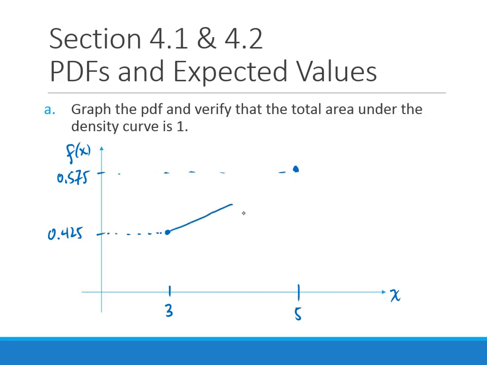The density curve is a straight line in between, and it's 0 otherwise. I'm just graphing this one chunk of the linear function between x equals 3 and x equals 5. So that's our picture that we can think of going forward.